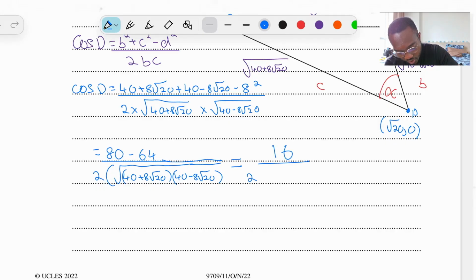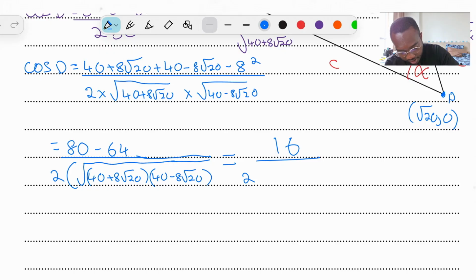And then we're left with a 2, and inside those brackets, 40 times 40 is 1,600. The rest will cancel out, obviously, the difference of two squares, so we don't need to worry about the 40 times minus 8 root 20 and the 40 times 8 root 20. Then 8 root 20 times minus 8 root 20 gives me minus 64 times 20.